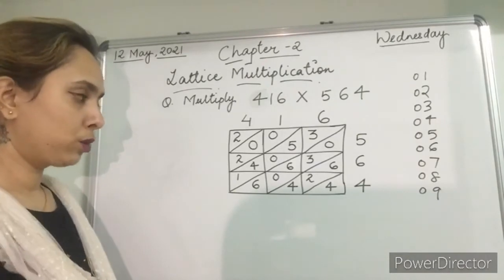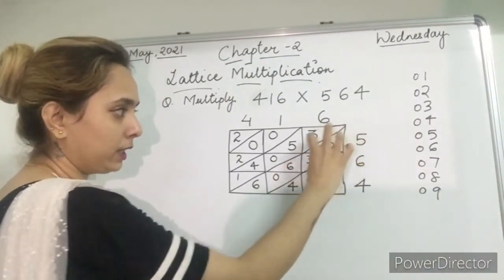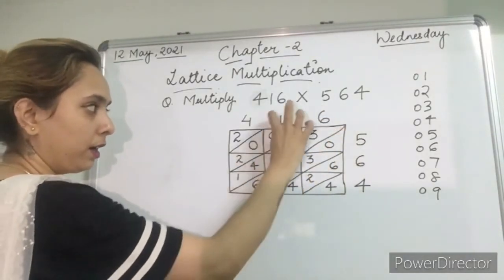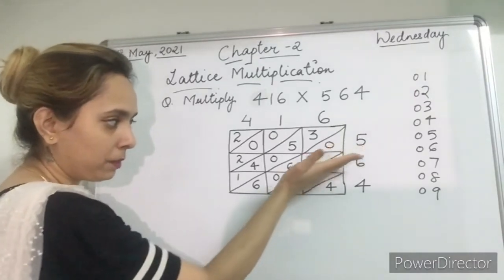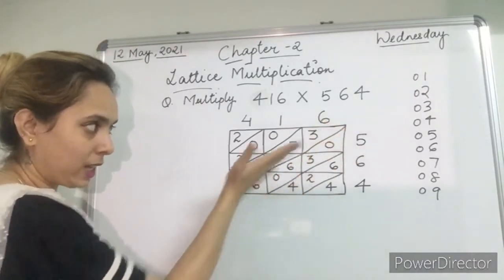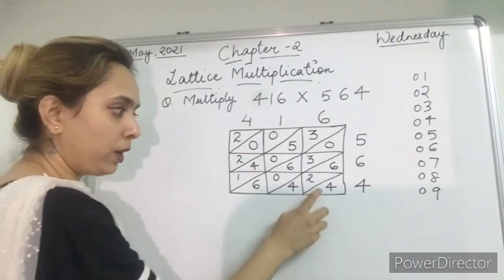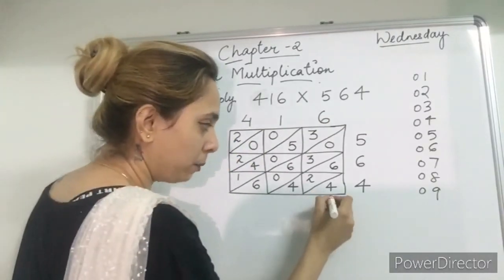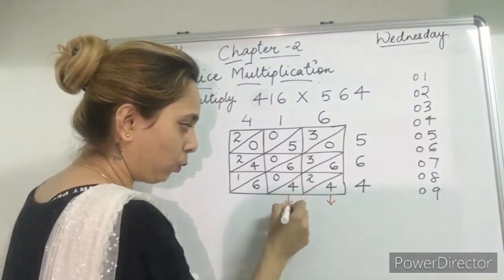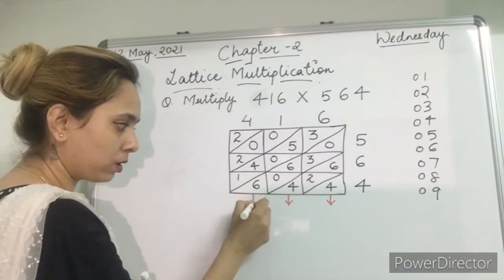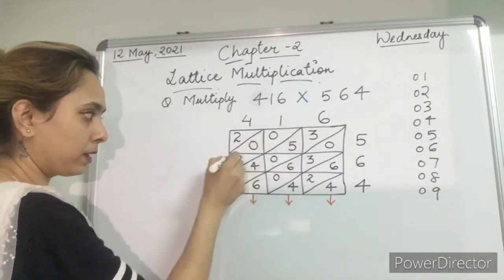Now what we are going to do? Now we will consider the numbers in this way. You all can see in between these slant lines, some digits are in sequence. So now we are going to add these numbers. So here you will always make lines like this. I will tell you why I am drawing these arrows to make your things much clear.